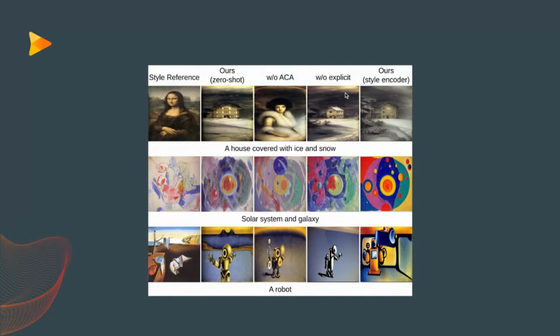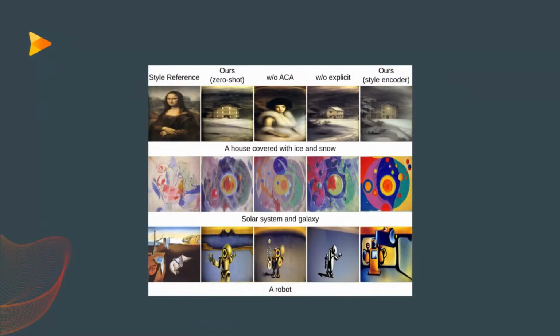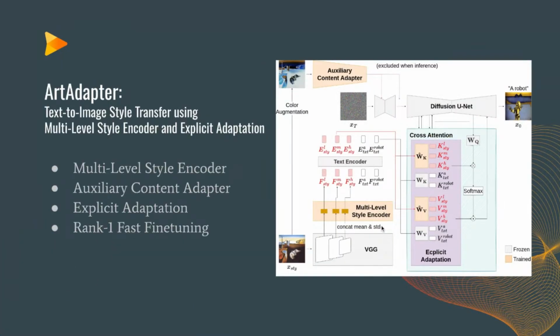And the last two columns are the study about how each adaptation helps capture more delicate, or you can say more detailed, style features. So we can recall the multi-level style encoder here. We can generate style embeddings at 3 levels: low, mid, and high level, right?